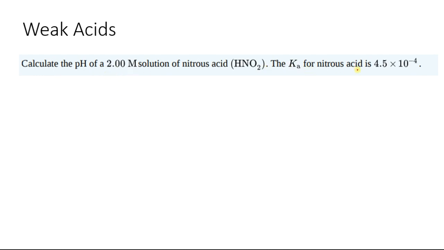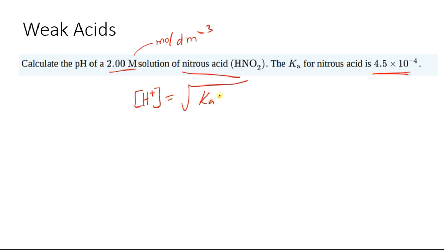So for now you're given the Ka value of nitrous acid, not nitric acid. This is a weak acid. You can make out from the value of Ka, and you've got a 2 M solution. This M actually means mole per dm cubed, right? So you are given the concentration of a weak acid, so the hydrogen ion concentration equals the square root of Ka times the actual concentration of the acid itself. Let me write the expression first. HNO2.